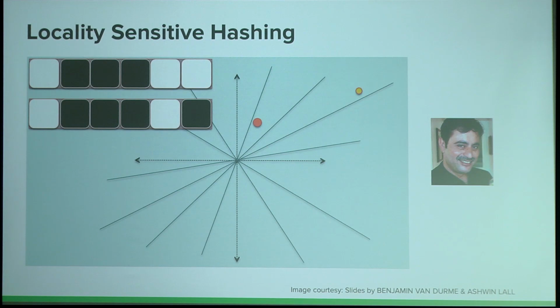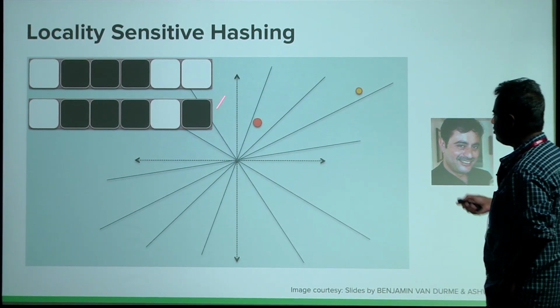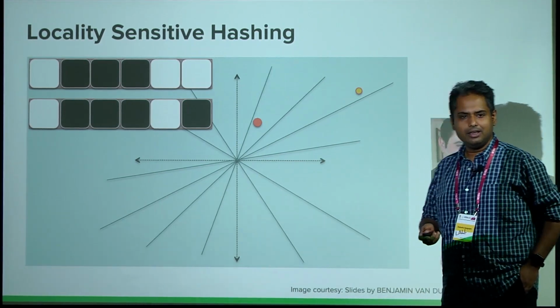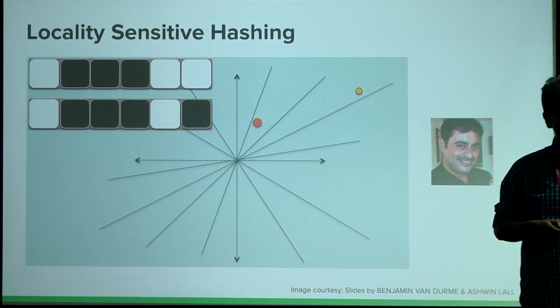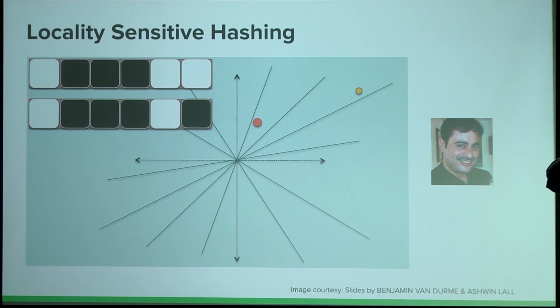What locality-sensitive hashing does is exactly what I just spoke of: if you have two samples and you draw multiple lines randomly, there are different versions of it, but essentially if I randomly draw some lines and project all of you on those lines, right? If you put a torch, and let's say your head is your data point, you are represented by the top of your head, so that's one data point.